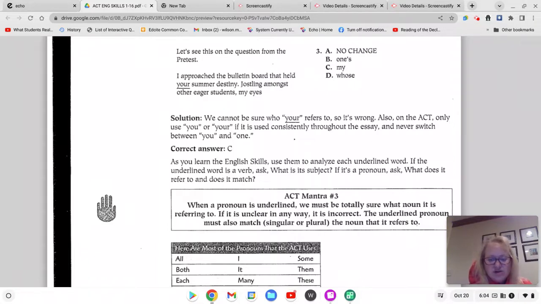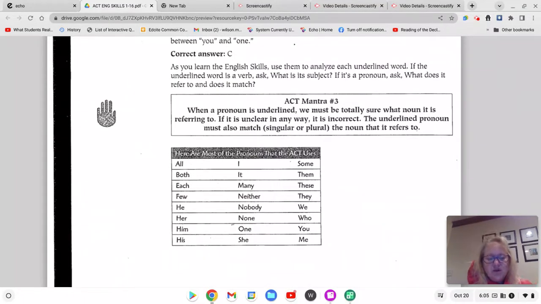So mantra 3 says when a pronoun is underlined, we must be totally sure what noun it is referring to. If it's unclear in any way, it's incorrect. The underlined pronoun must also match, as far as being singular or plural, the noun that it refers to. So there is a list here of the pronouns that the ACT uses.